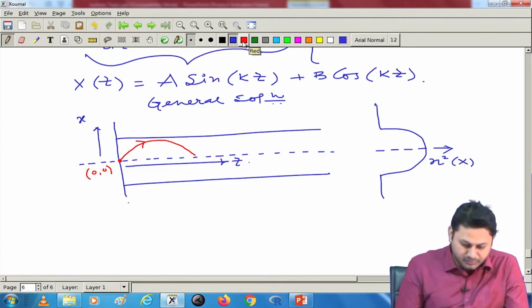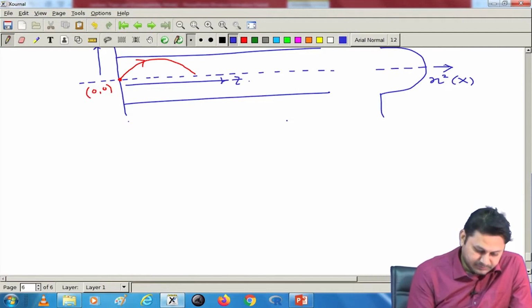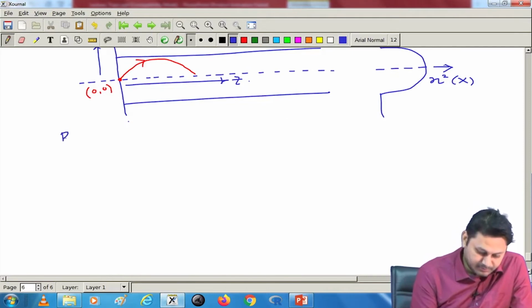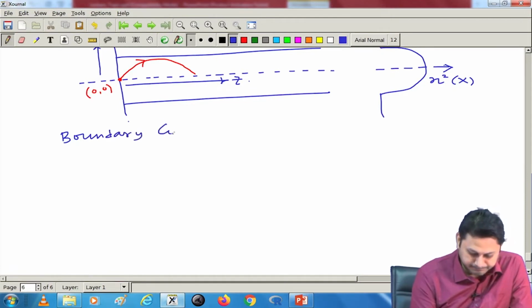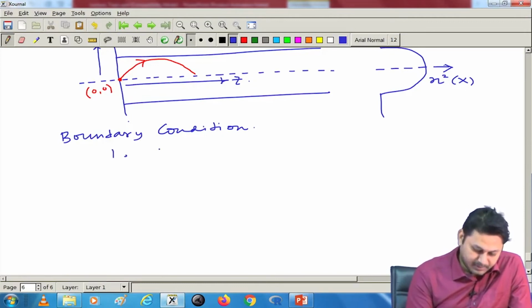So, one boundary condition is x at z equal to 0 is equal to 0.